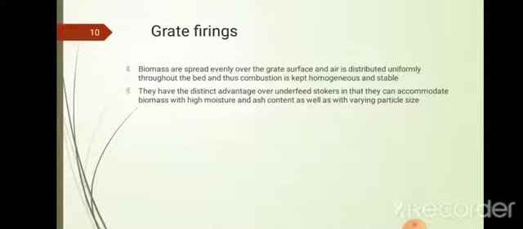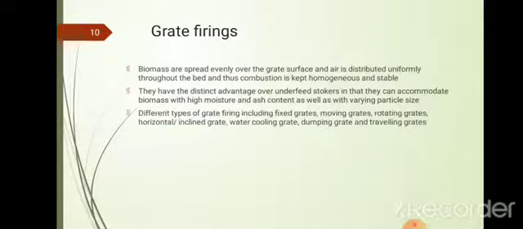So that disadvantage of underfeed stokers is solved in this grate firing type combustion system, because they are suitable for biomass with high moisture content, ash content, and particle size also. For example, with the underfeed stokers we can use only a limited particle size range, but here there are no limitations.